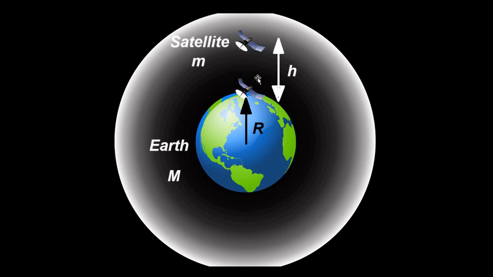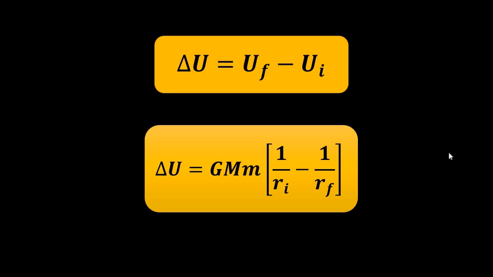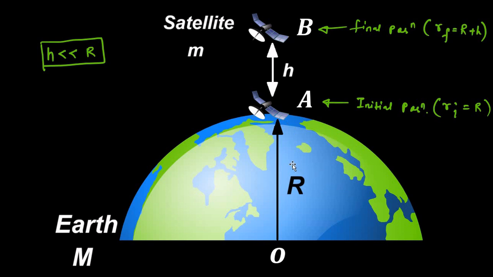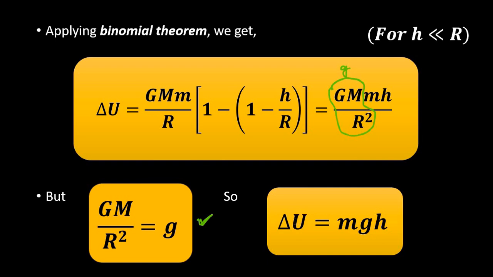With the change in the position of the satellite, its potential energy also changes. Using this formula, we calculated the potential energy of the satellite, which was initially on the surface of the Earth and then lifted upwards to a certain height. This was the expression of change in potential energy of the satellite: mass of the satellite multiplied with acceleration due to gravity multiplied with the height of elevation.